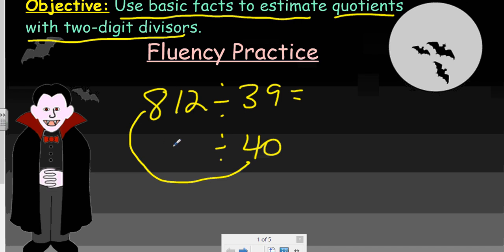Now, if I put this as 800, 40 would be a multiple because I know 4 will go into 8 evenly without a remainder. 4 times 2 is 8. Therefore, I could set up my problem like this. Again, divide out my 10, and I like to do that sometimes. And I have 80 divided by 4. So now I'm just splitting 80 in half, I'm sorry, in quarters.